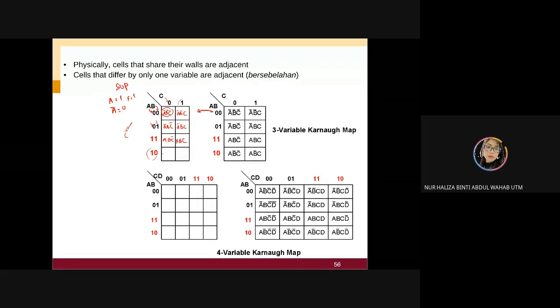For the next cell, A is 1, B is 0, C is 0. And here it's going to be A is 1, B is 0, C is 1. That's why you get these things.